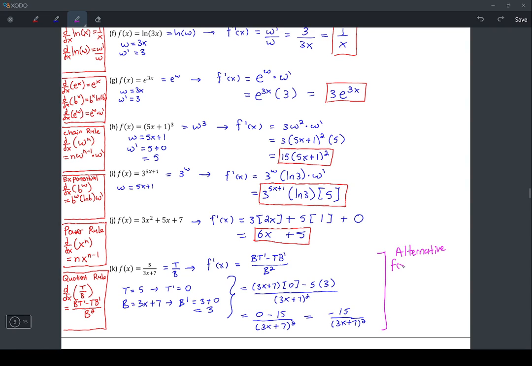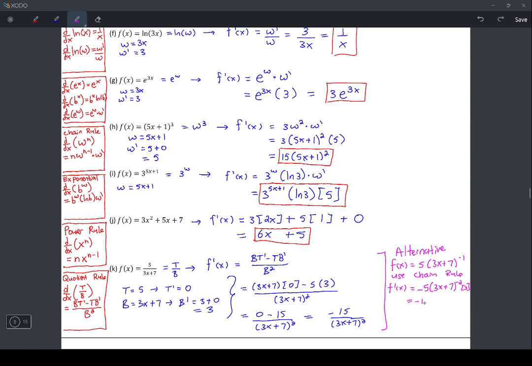We could say f of x is equal to 5 times 3x plus 7 to the power of negative 1, and then use the chain rule. We're going to get f prime of x is equal to negative 5, the negative 1 comes down, times 3x plus 7 to the power of negative 2, multiplied by the derivative of the inside. From the chain rule, the derivative of the inside is 3.